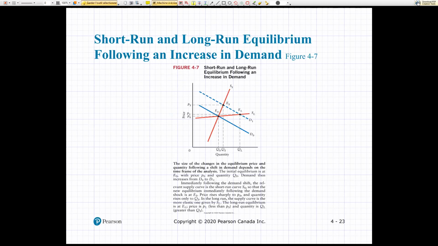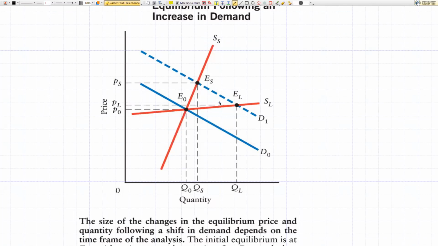Again, this is the same sort of graph as before. For instance, this would be a change in the short run. Here there's more demand. Imagine there's more demand for electricity.